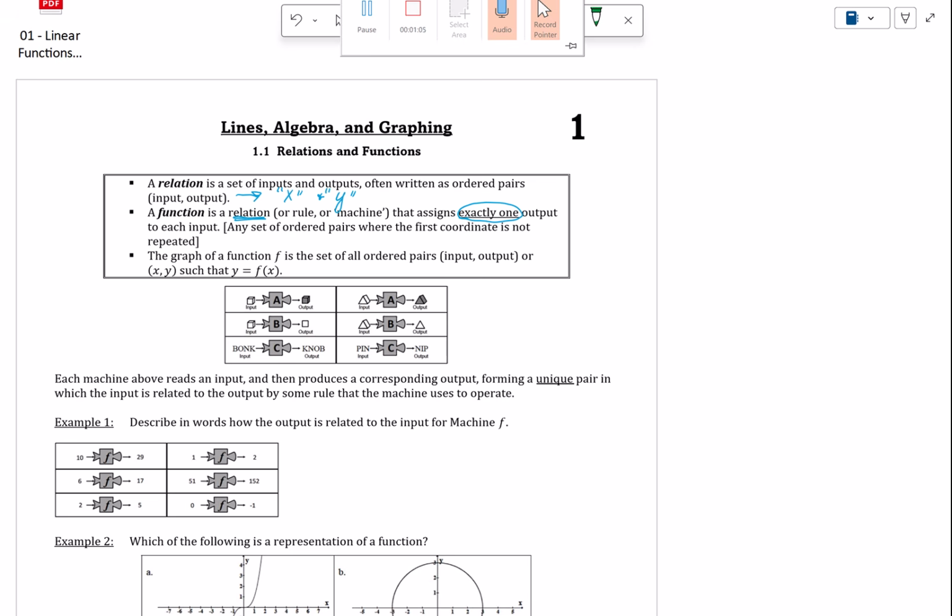The graph of a function is just the set of all the ordered pairs, every single one. So when we are graphing it, we have smooth lines because it's every point, like 1.1, 1.11, 1.111, and so forth.